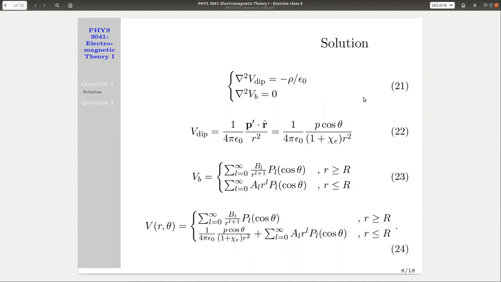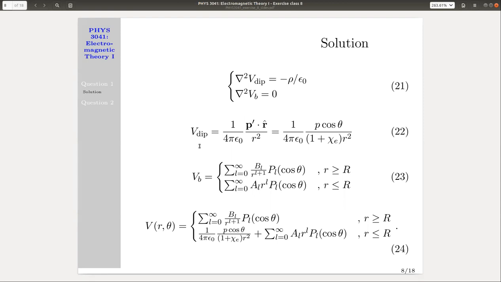And then the next thing is to solve the Laplace equation. So you can just recall the general solution of the Laplace equation in spherical coordinates, which is simply equation 23. And the V here is the total potential due to both the point dipole and the bound charges.